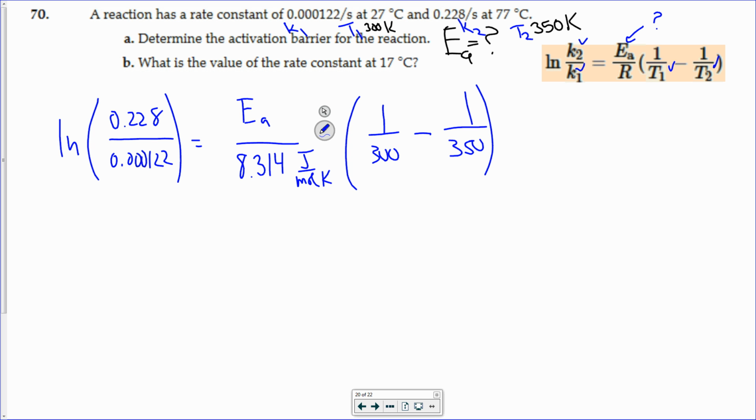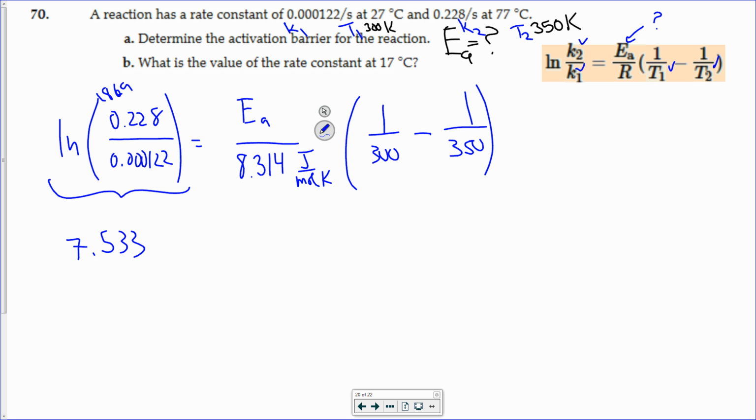So the approach that I would use is to find what's on the left first. So I would take this ratio, and the ratio inside the parentheses is 1869. Take the natural log of it. So on the left-hand side, I have 7.533.